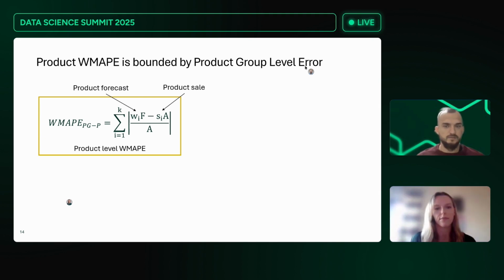And to help you better understand the approach we are proposing, let's take a look at how weighted mean absolute percentage error at the product level relates to forecast error at a higher hierarchy. This equation describes WMAPE on the product level, but it's reaggregated to the product group level, so as to take into consideration all products contained in this product group, where WI is the forecast weight and SI is the weight of actual sales.